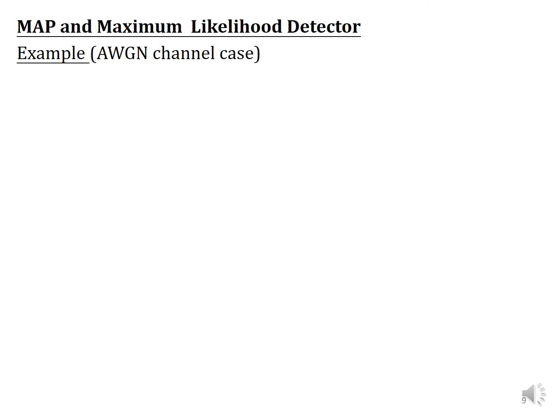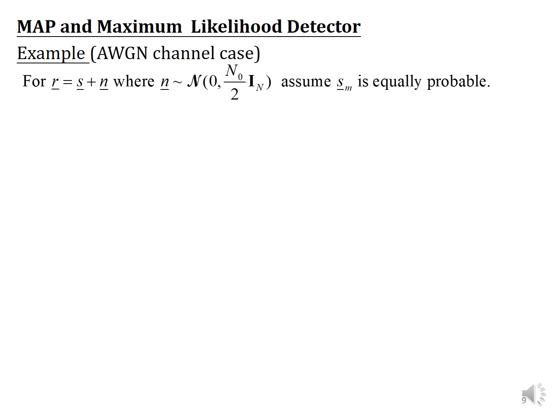Let's do an example for the AWGN channel. Say this is an AWGN channel, then we have the channel probability model.